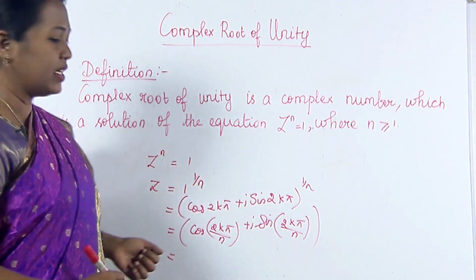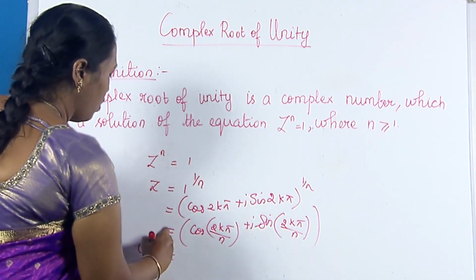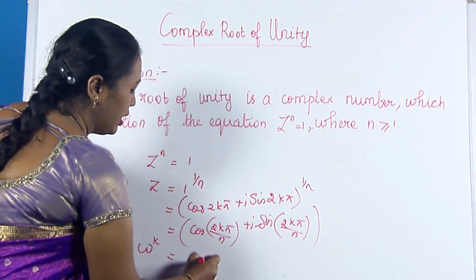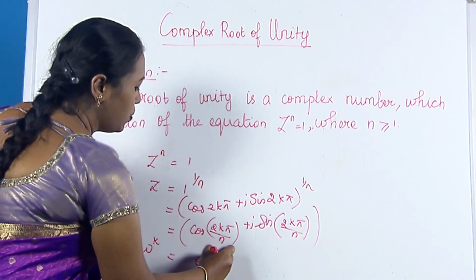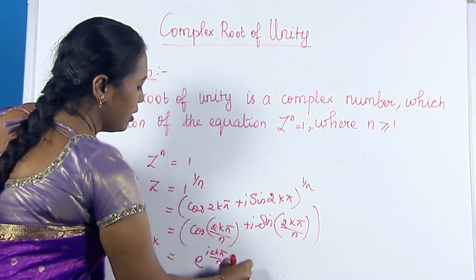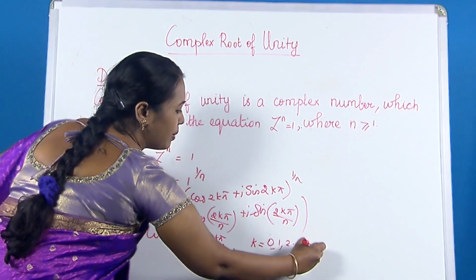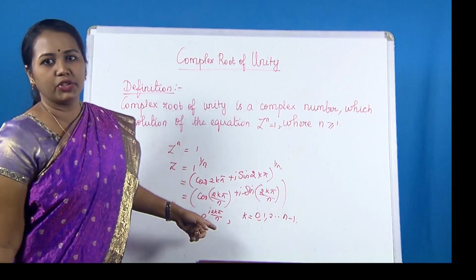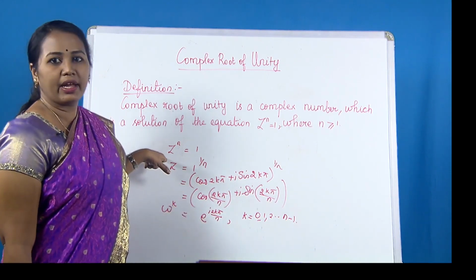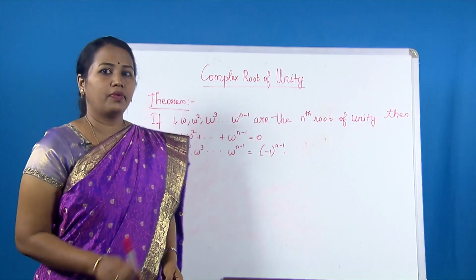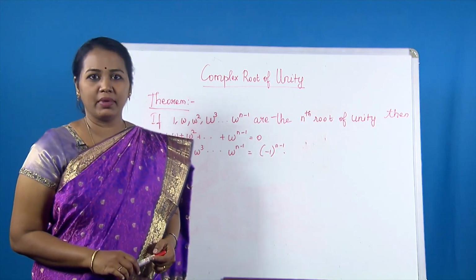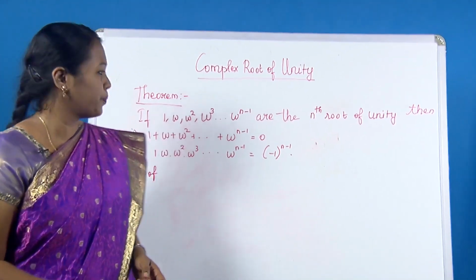So, the solutions of this equation will be of this form: omega power k is equal to e power i 2k pi by n, where k is equal to 0, 1, 2 up to n minus 1. So, these are the solutions of this equation z power n is equal to 1. The following theorem will show you the sum and the product of the roots of unity.